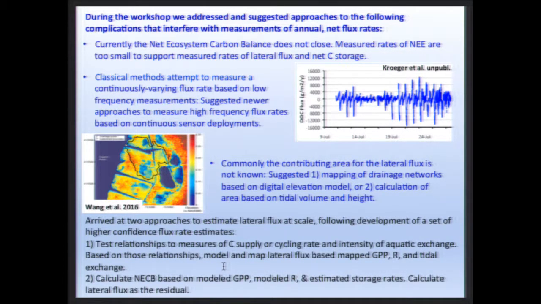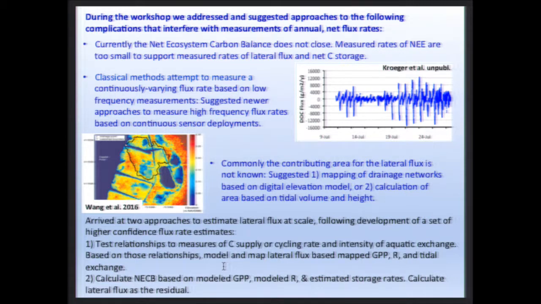So we addressed and suggested approaches to the following complications that interfere with measurements of annual net rates. First is that the carbon budget doesn't close. Classical methods attempt to measure a continuously varying flux based on low-frequency measurements. And you can see from this brief trace here over a couple of weeks that there's a lot of temporal variability in the flux.